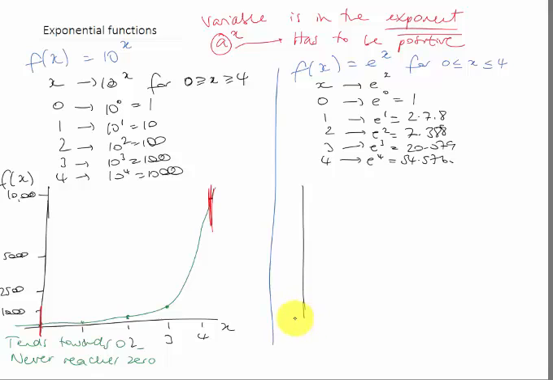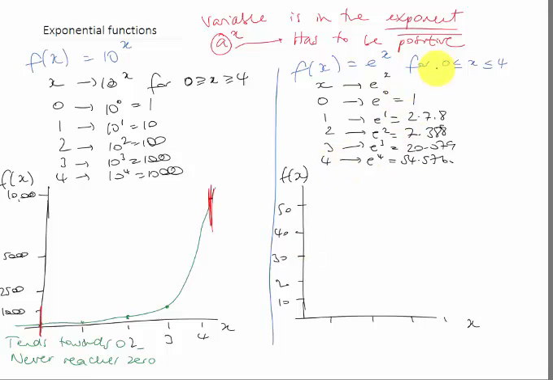So let's draw these. So again, 1, 2, 3, 4. This is x, this is our function. Now here, this is spanning over a much smaller amount of numbers. So if we put 50 here, 10, 20, 30, 40.